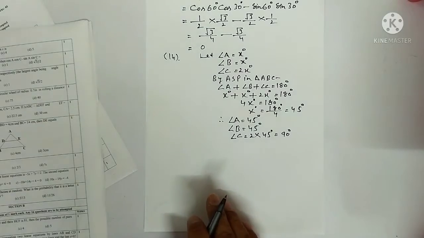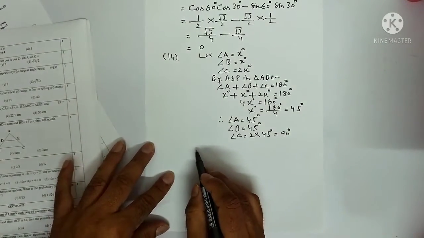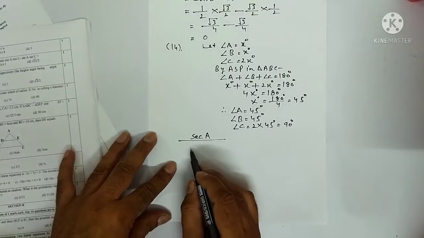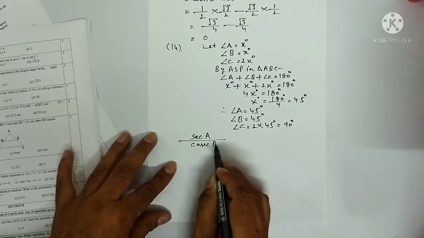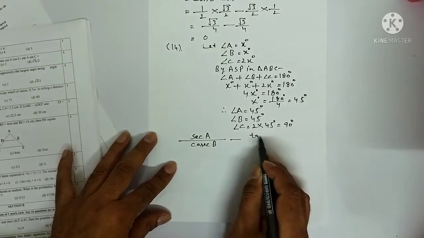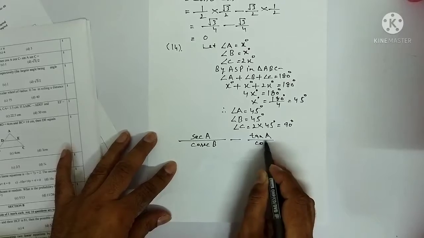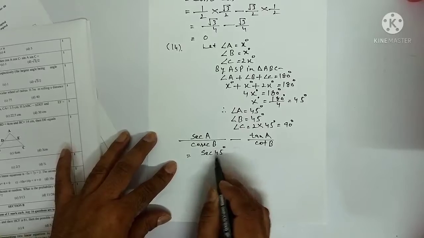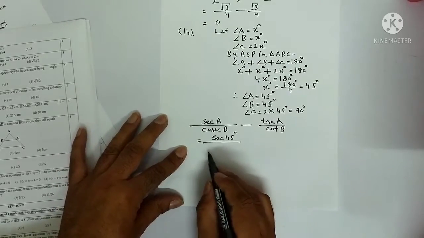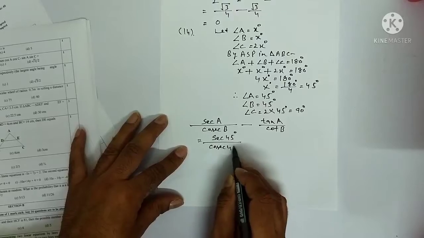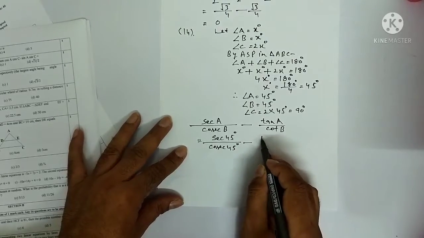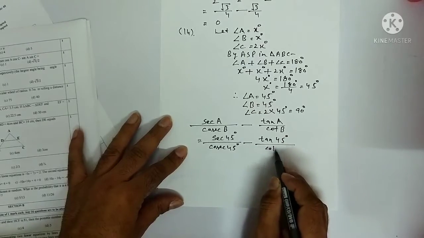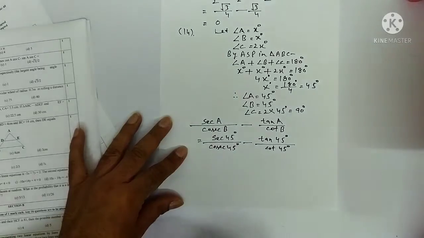Now what you need to do is find the value of secant A upon cosecant B minus tan A upon cot B. So secant A means secant 45 degree upon cosecant B means cosecant 45 degree, minus tan A means tan 45 degree divided by cot B, where B is also 45 degree.